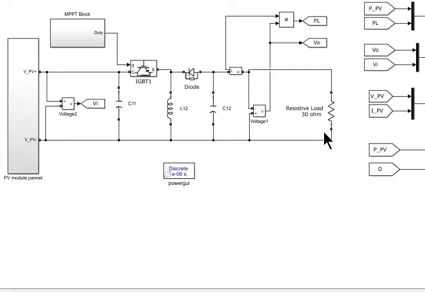At the end we have connected, just for now, a constant resistance load for analysis purposes. Later on we will change it, and we can also connect a pump or battery or a DC bus, whatever we want to connect.